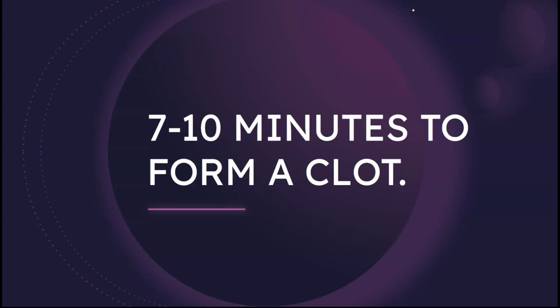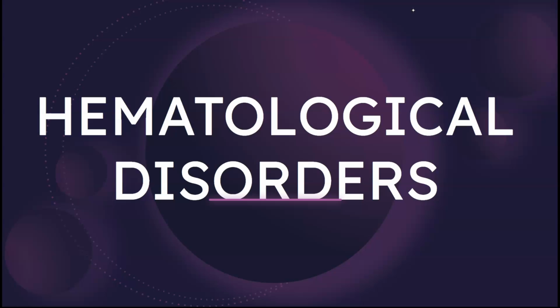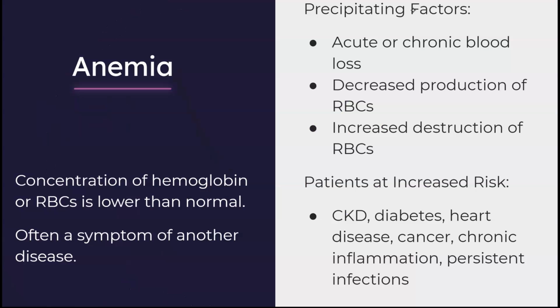It takes about 7 to 10 minutes to form a clot in a healthy individual. All bleeding stops eventually, right? Hopefully within 7 to 10 minutes. If it is going longer than 7 to 10 minutes, you may have a problem. Here's some problems. Anemia. Super popular, super common. A variety of different anemias exist. You can have pernicious anemia.